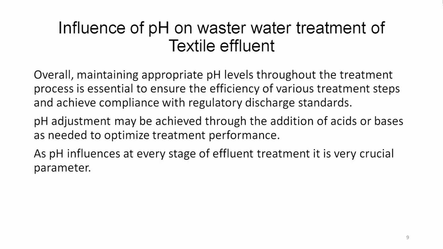pH adjustment may be achieved through the addition of acids or bases as needed to optimize treatment performance. As pH influences every stage of effluent treatment, it is a very crucial parameter. So, the bottom line is that pH is a very significant parameter which needs to be adjusted according to the process which the effluent is going through.